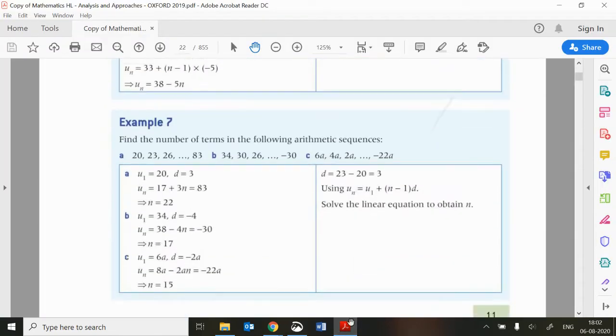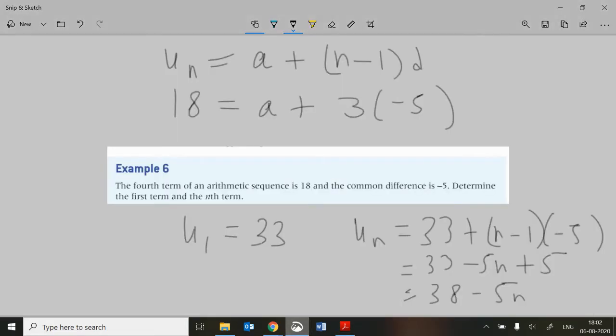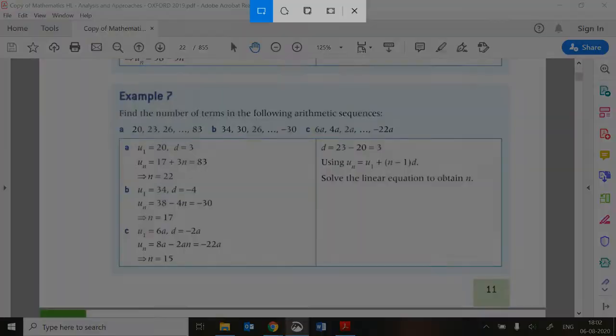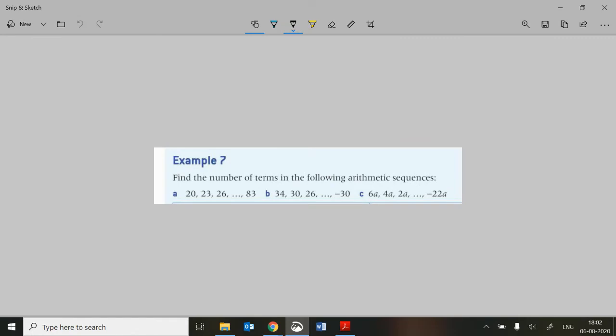Might be a bit quicker this time. Example 7. Find the number of terms in the following arithmetic sequences. Well, they stop at the nth term. So if this is the first term, this is the nth one, and n will define the number of terms in the sequence.